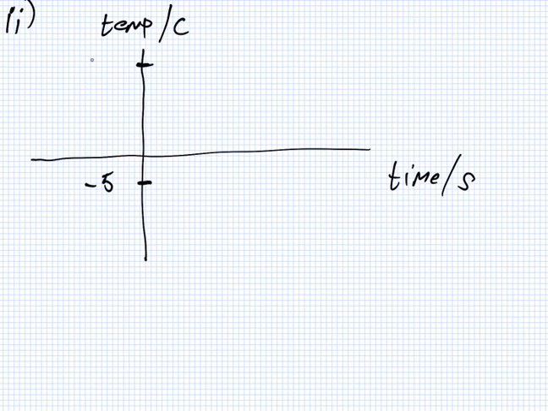It's not really to scale, I know, and here's 105. So what's going to happen here is it starts at -5, then slowly gets warmer and warmer until it reaches 0, then it stays at 0 for a while, and then it starts to increase until it gets up to 100 here. Then it stays at 100 for a while, and then it increases again.